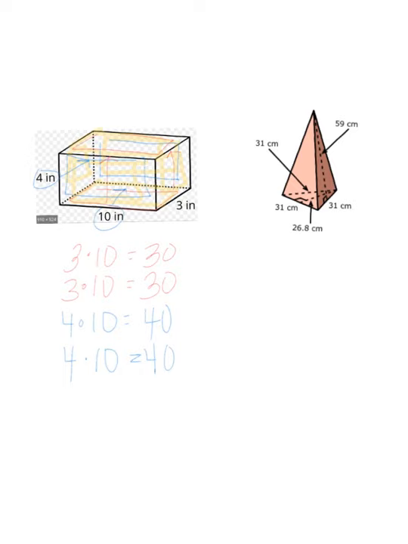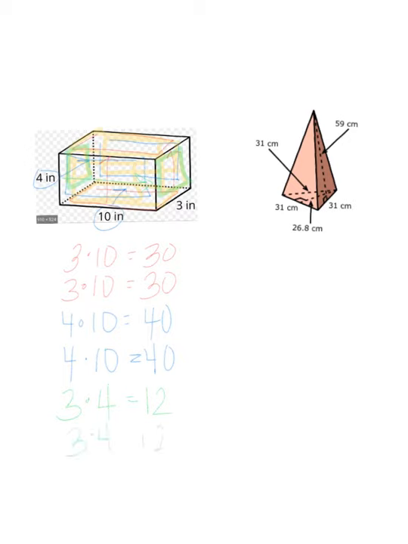And then I am missing the left and right ones. Let's grab another color. So the left and the right, if you look at those, we've got 3 by 4 because this 4 can carry over there. So 3 by 4 and another 3 by 4.